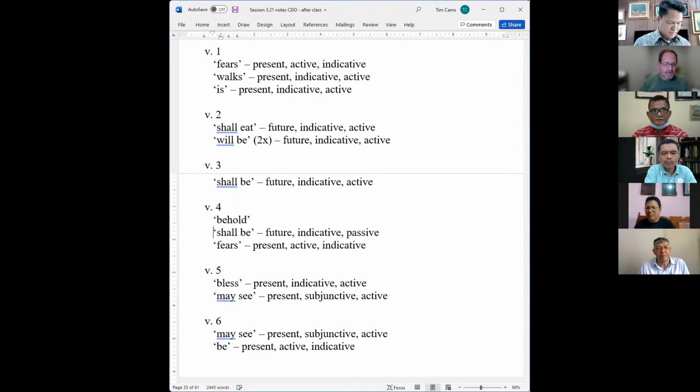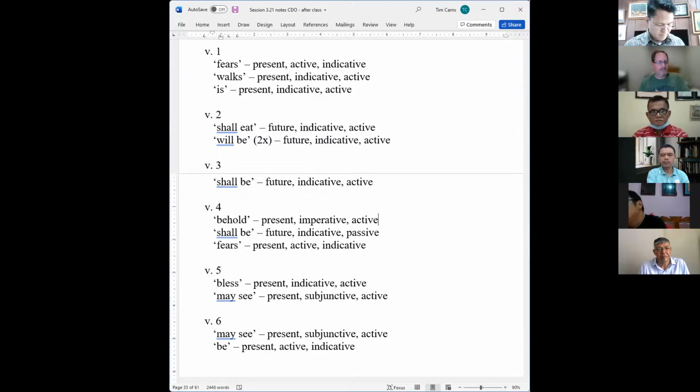But in Hebrew, it's not a verb. It's a particle. But if we did do it as a verb, it'd be a present imperative active. But in Hebrew, that word behold really is just an interjection like oh, or whoa, or something like that.